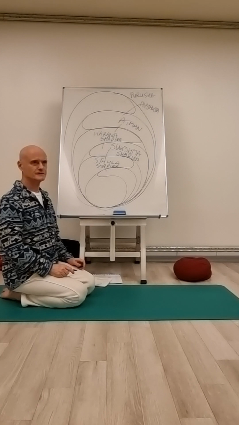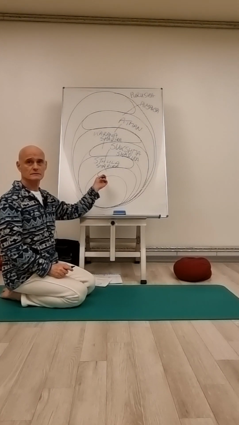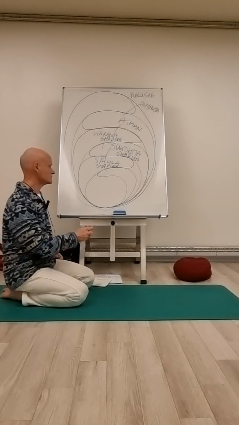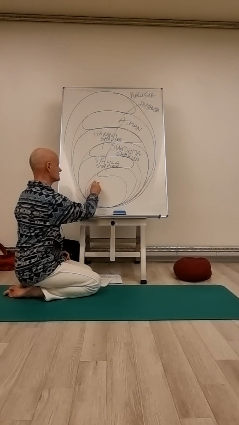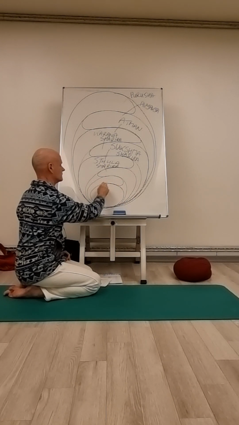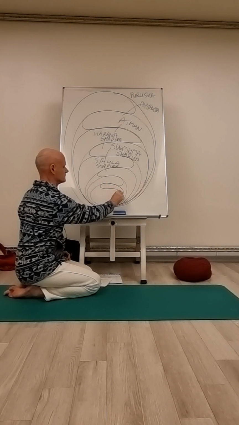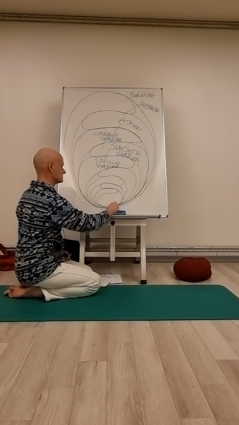Sthula Sharira is the physical body. So this model is endless because within Sthula Sharira you have 5 chakras. The throat chakra, Vishuddhi, Anahata, Manipura, Svadhisthana, Muladhara.